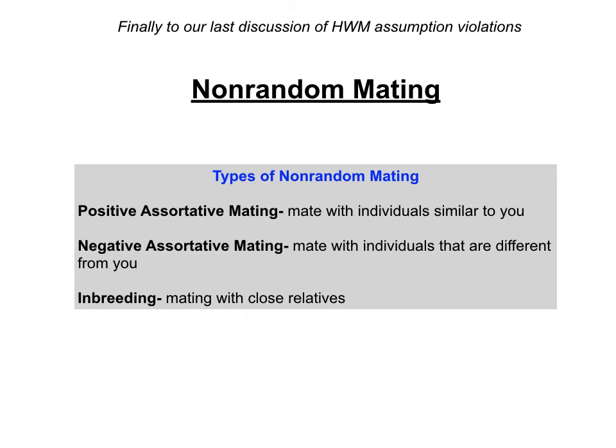So an example of positive assortative mating: imagine you have a partner, girlfriend, boyfriend, wife, whatever, and think about some sort of aspect. Are there characteristics where we tend to mate in a positive assortative sense?